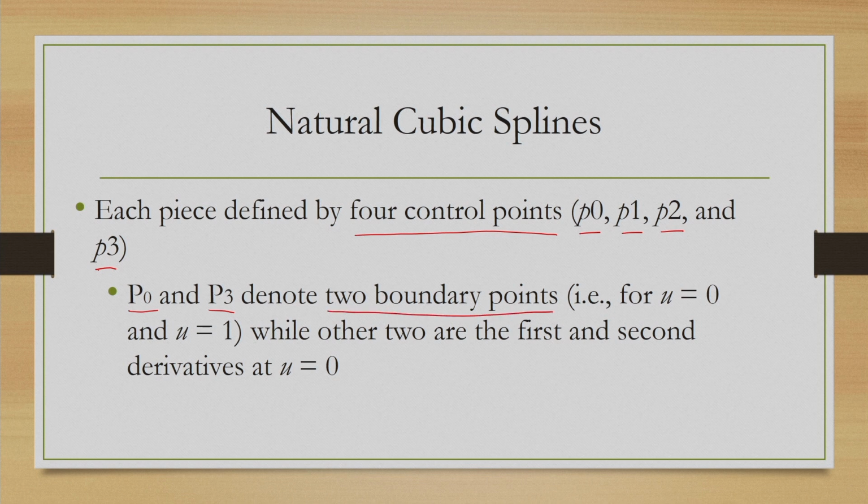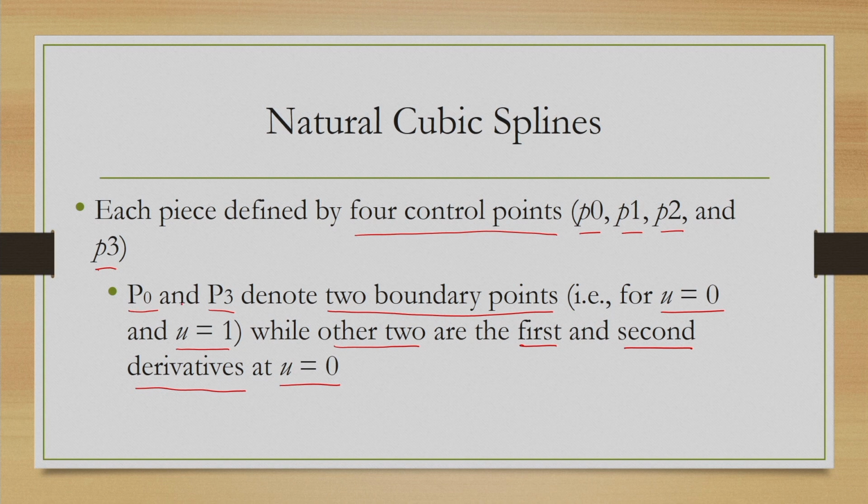That means the boundary value of the parameter u. So, P0 refers to the point when u equal to 0 and P3 refers to the point where u equal to 1. Now, the other 2 control points are essentially denoting the first and second derivatives at the starting point, that is u equal to 0.